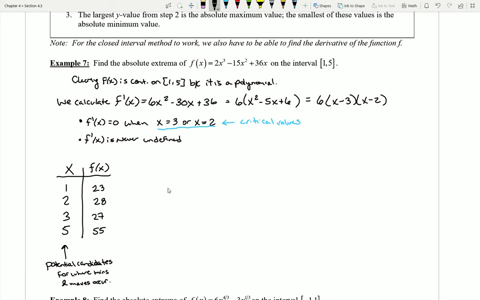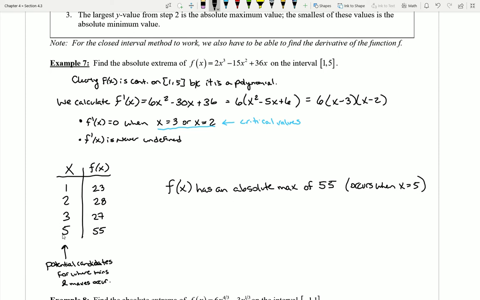And it's pretty easy to spot that 55 here is the biggest y value out of all of the potential spots where there could have even been maximums on the graph. So I can state here that f of x has an absolute max of 55. And I know it occurs when x is equal to 5.